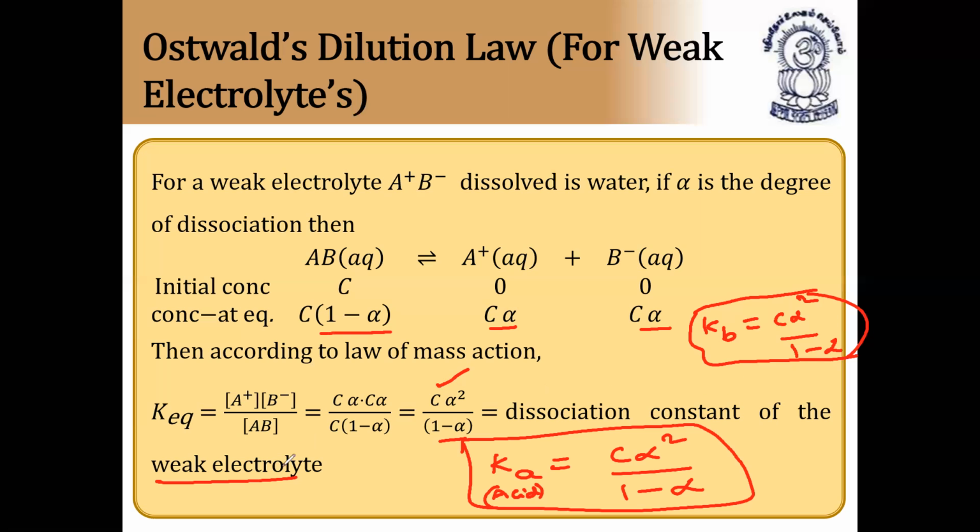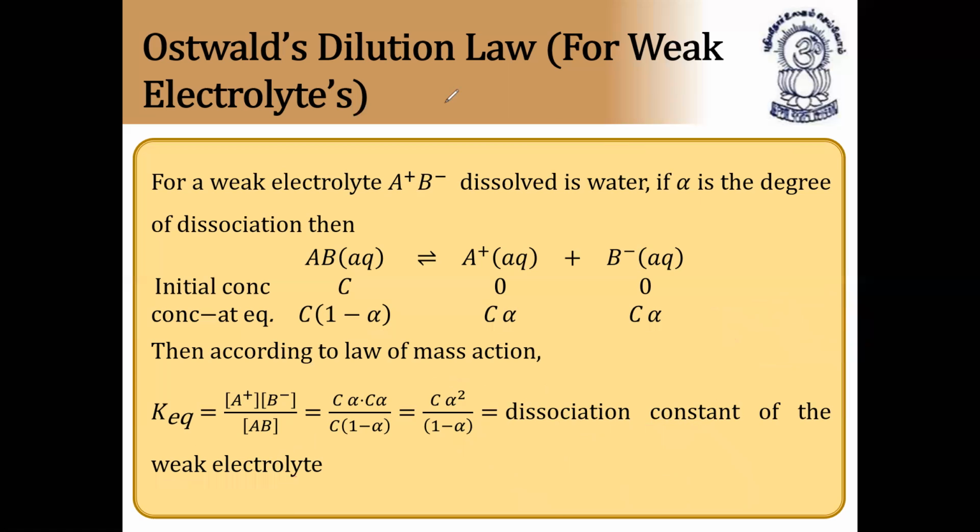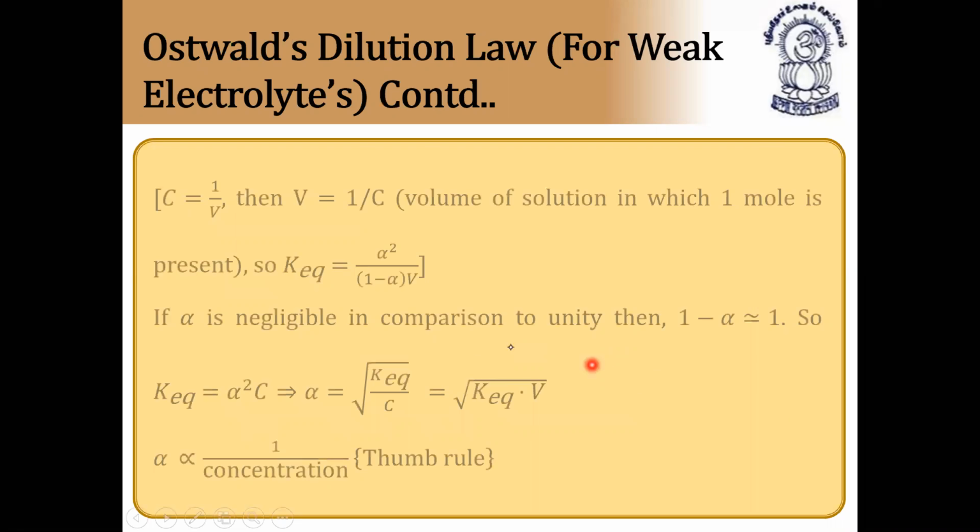On the whole, an electrolyte can be an acid, base or salt, so it is called K equivalent, the dissociation constant of the weak electrolyte, and it is equal to C alpha square by 1 minus alpha, where alpha is the degree of dissociation and C is the concentration. Next continuation.